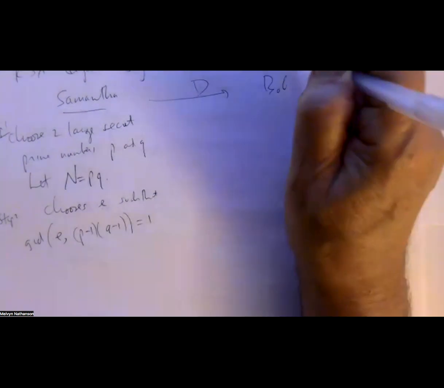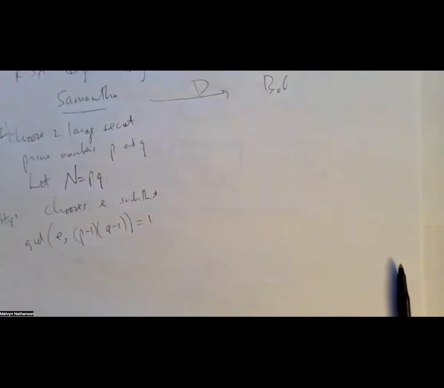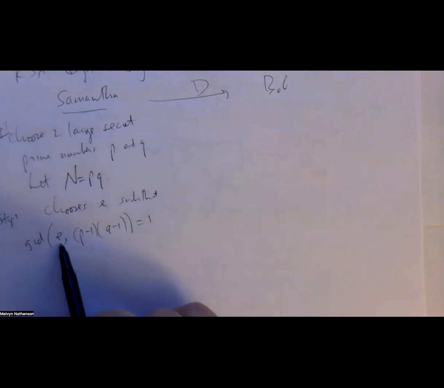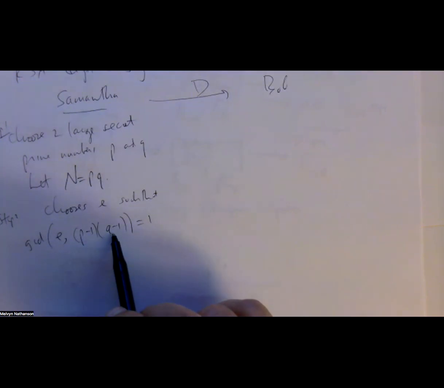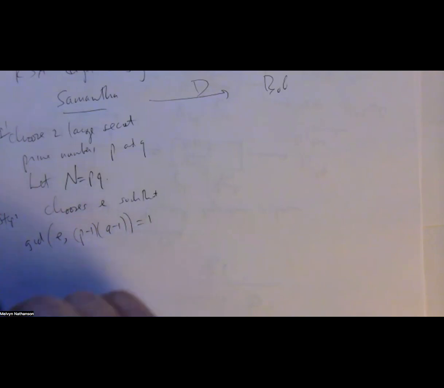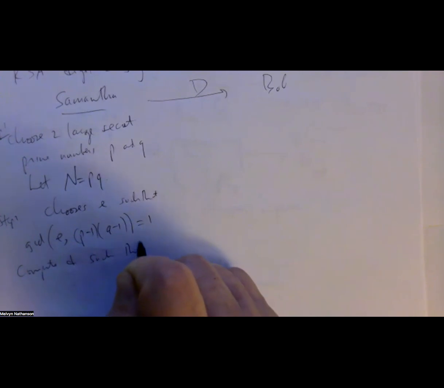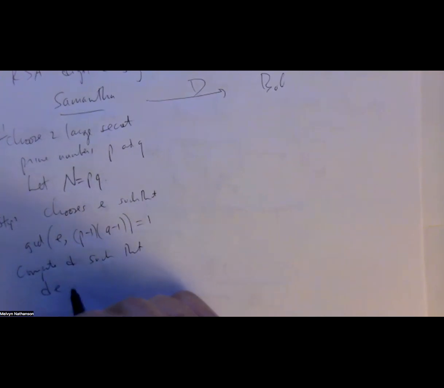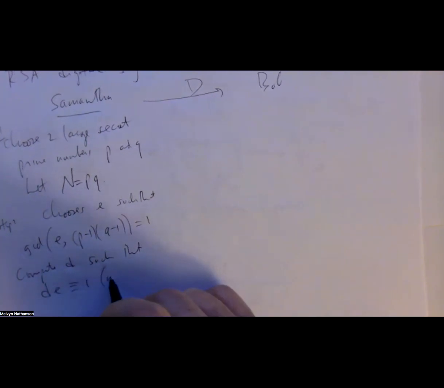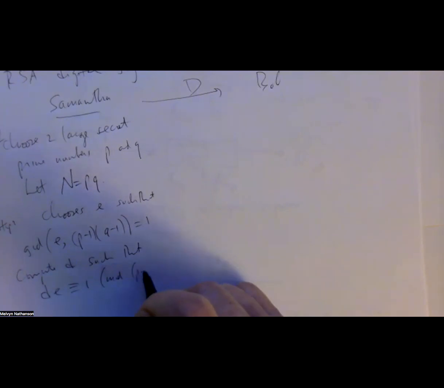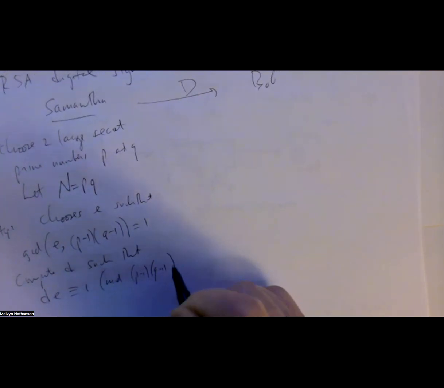These two numbers are put in the public domain. But because she knows P minus 1 and Q minus 1, she can compute a number D such that D times E is congruent to 1 modulo (P minus 1)(Q minus 1).